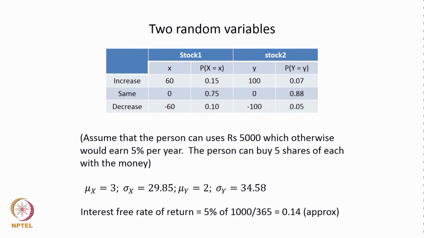Now if we assume that the interest free rate of return is 5% of 1000 by 365, we look per day, and all these are assumed to be random variables which represent the change between 2 consecutive days, then the interest free rate of return r will be 5% of 1000 by 365, which is now taken as 0.14 for our computation.